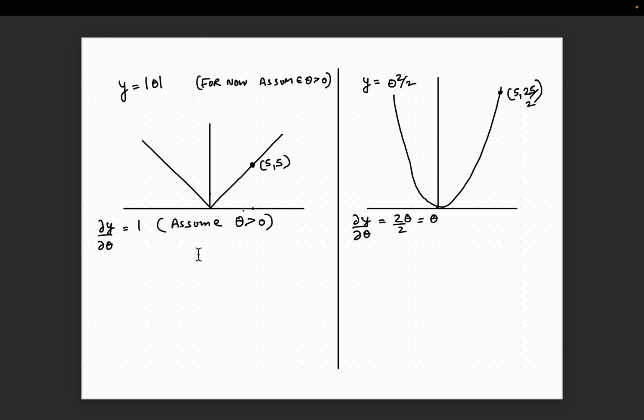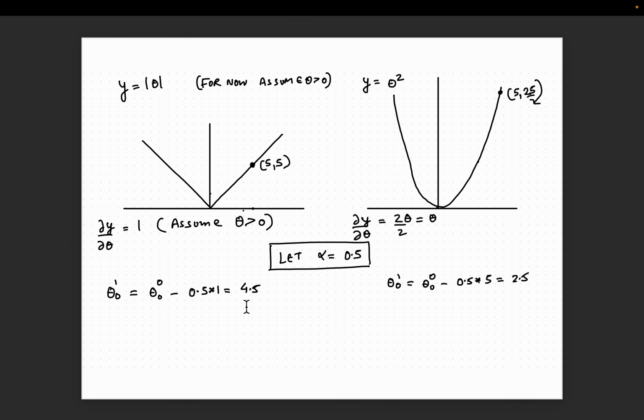I'll just assume for the first case that I am dealing in the zone where theta is greater than 0. So therefore my derivative, del y by del theta, is 1. In the second case, del y by del theta equal to 2 theta by 2 is theta. Now, my first update to theta is theta minus, let's say my learning rate is 0.5 step size.